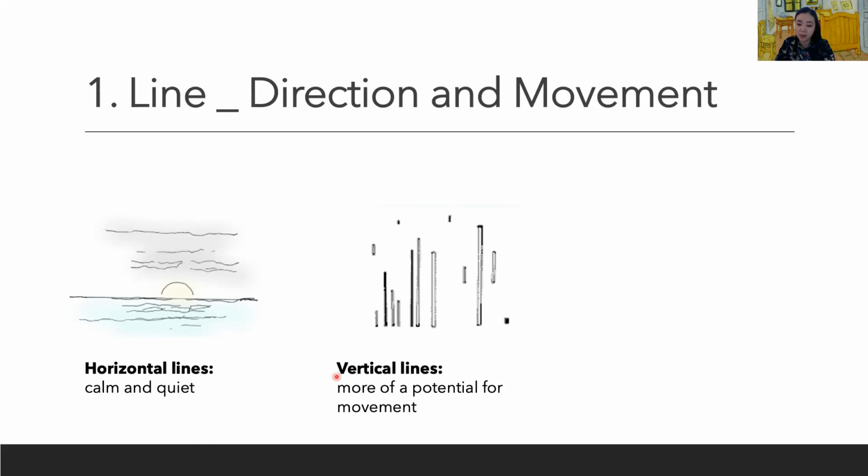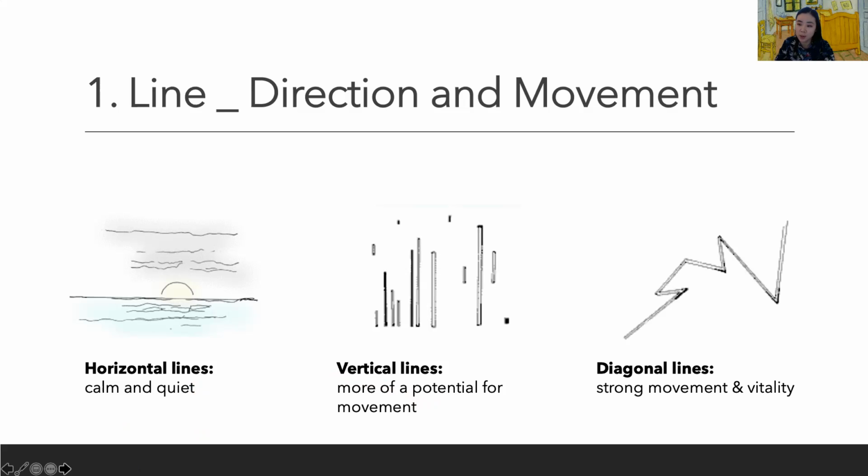Vertical lines suggest more a potential for movement in art. And the last one is diagonal line. Diagonal lines strongly suggest movement and give more a feeling of vitality to a picture. So let me show you an example to show the direction and the movement in art.